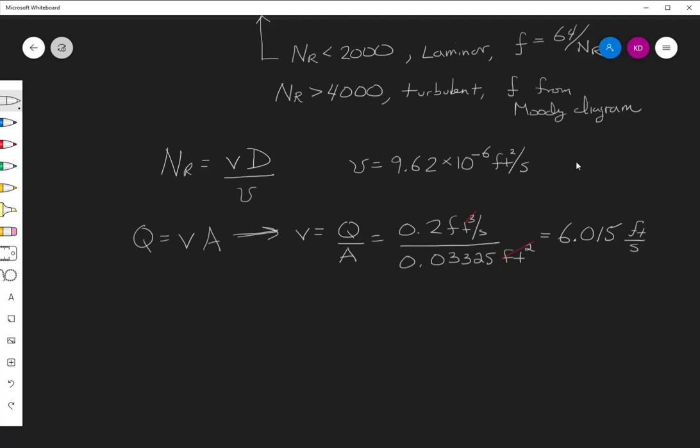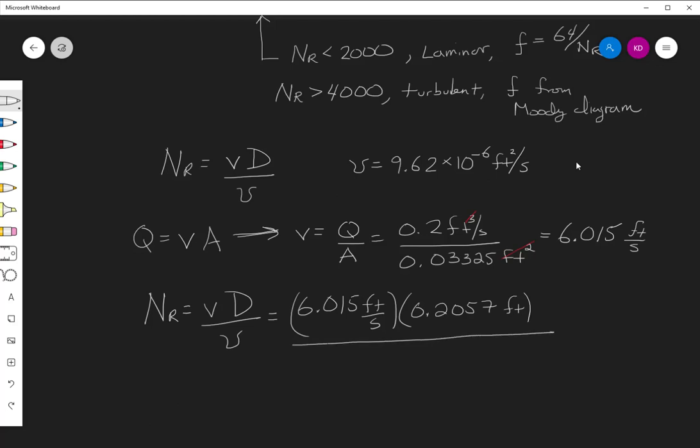So now that we have that, we can calculate the Reynolds number, N_R. Again, that's V times D over nu. So in our case, that's the 6 feet per second times the inside diameter, 0.2057 feet, divided by the kinematic viscosity, 9.62 times 10 to the minus 6 feet squared per second.